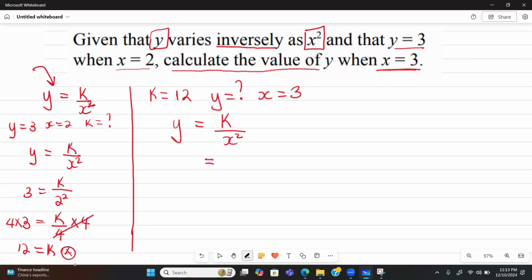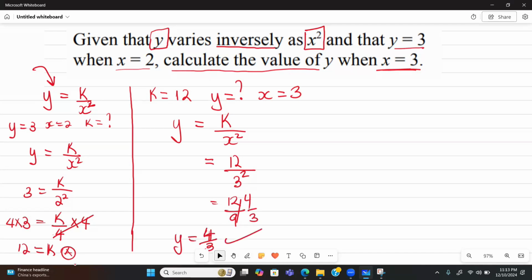We are in search of y. It's equal to k, which is 12, over x, which is 3 squared. So this becomes 12 over 9. 12 over 9, if we break this down by using 3, we'll get 4 over 3. So it means that y is equal to 4 over 3. And that's the answer for that question.